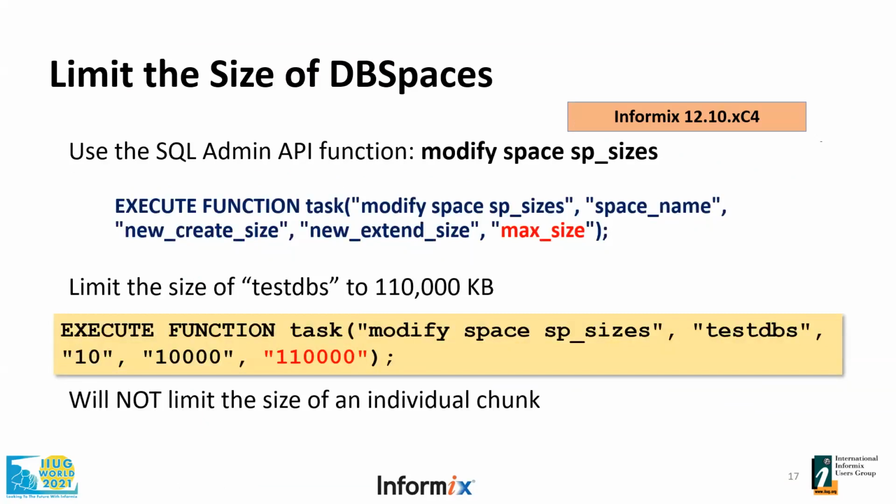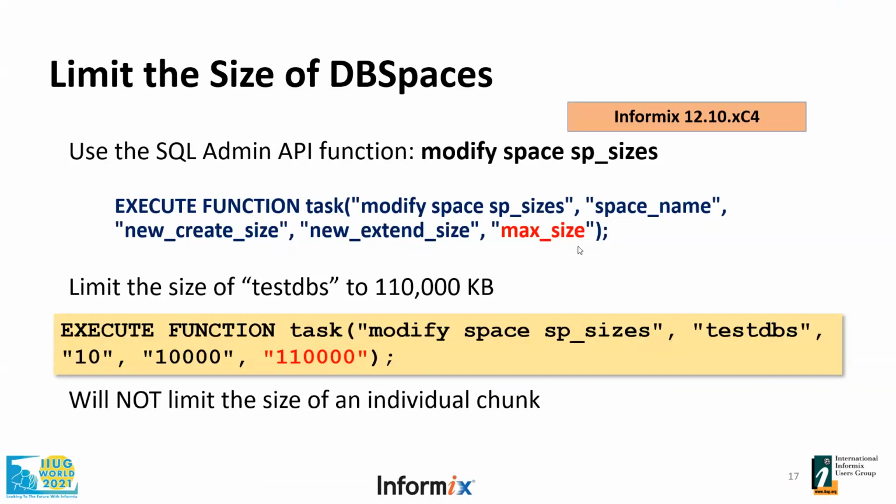Now, if Informix is stretching out chunks for us, which is all great, we may want to put a limit on it to make sure the DB space doesn't grow too big. Introduced in Informix 12.10 XC4 was another option on modify space sp_sizes.